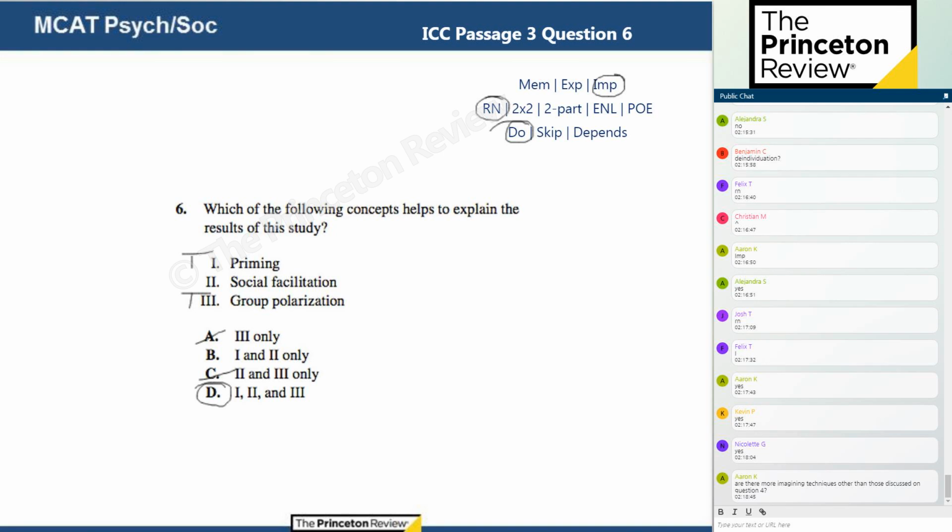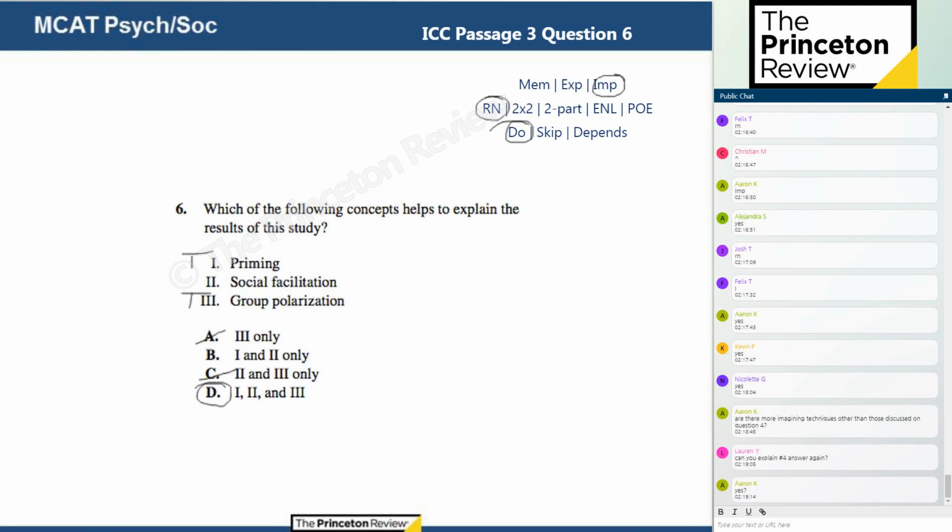Yes, there are more imaging techniques. There's fMRI. Now, if one of those options had been fMRI, could that have given precise information about changes in the area of the brain? Yeah.